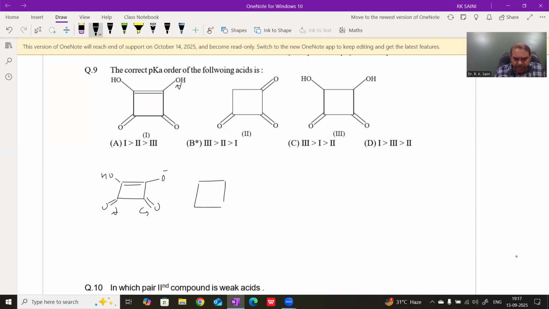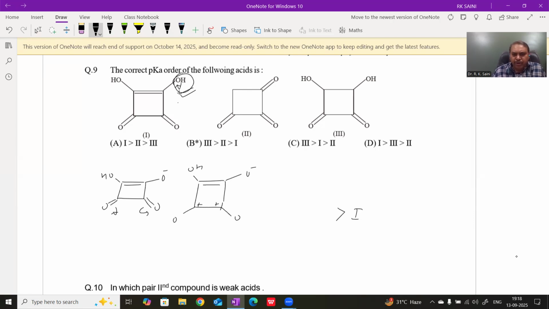If aromatic character is present in the conjugate base, then it is most stable, and hence it is a stronger acid. And we know that a stronger acid has a lower pKa value. It means compound first has the lowest pKa.